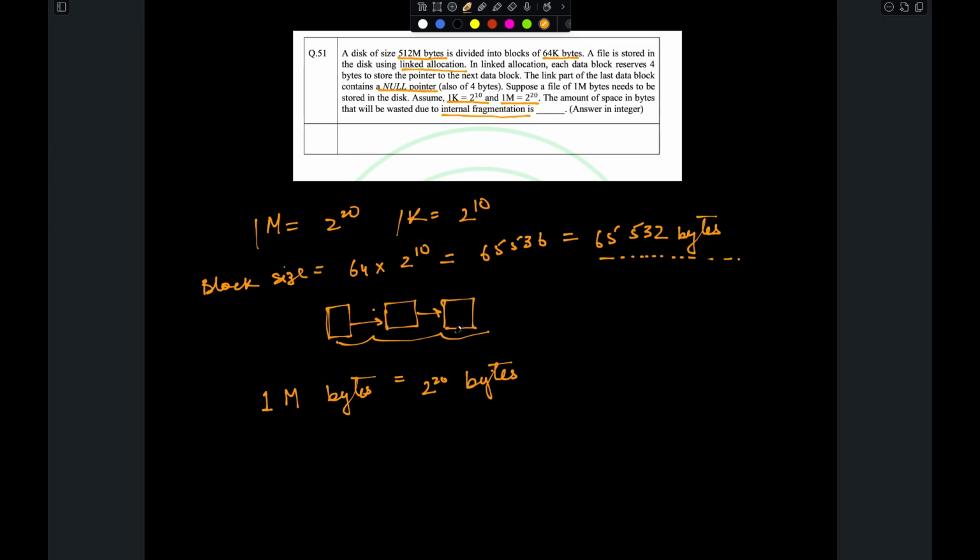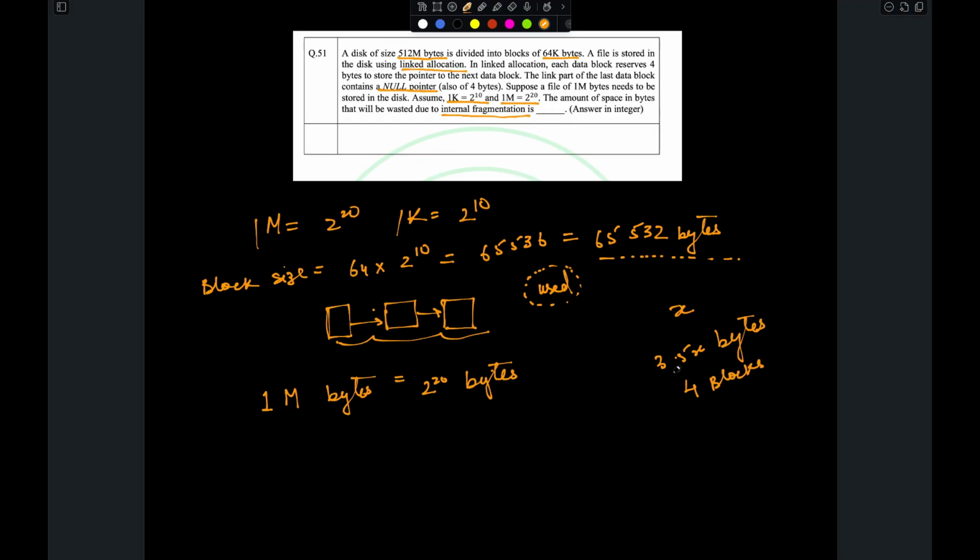An important thing that I need to tell you is that when you do this linked allocation, a lot of memory is not actually used for storing the file data and is wasted in internal fragmentation. Suppose a block is of x bytes and you want to store a file of 3.5x bytes. Then you would be needing 4 blocks.